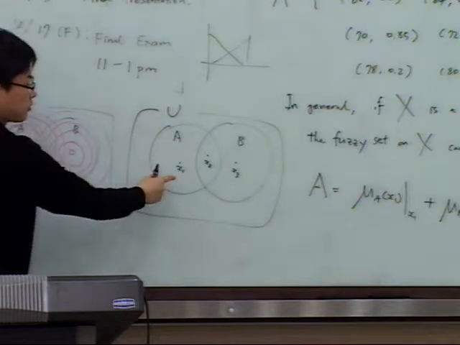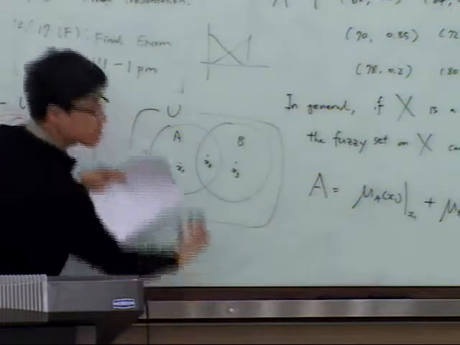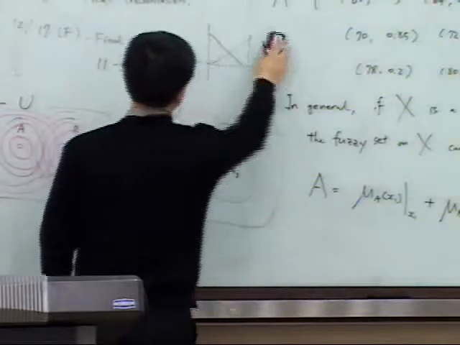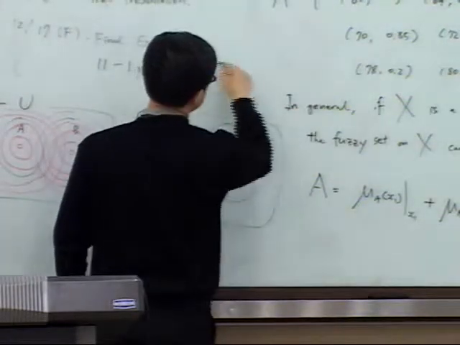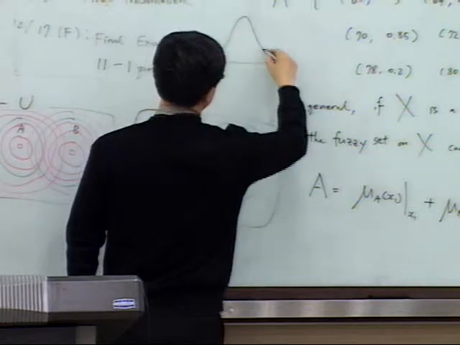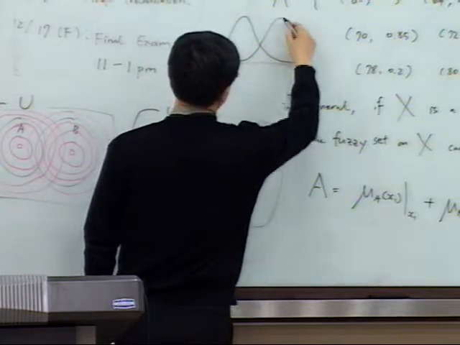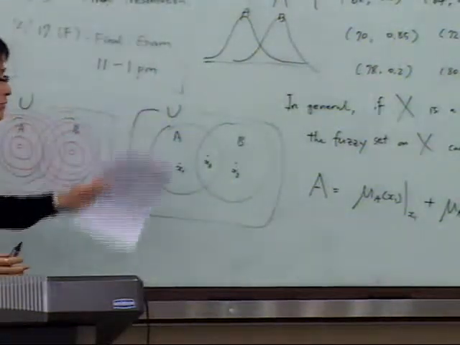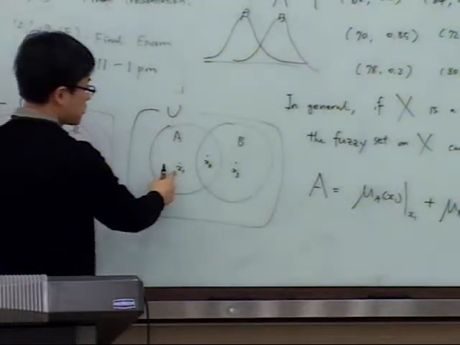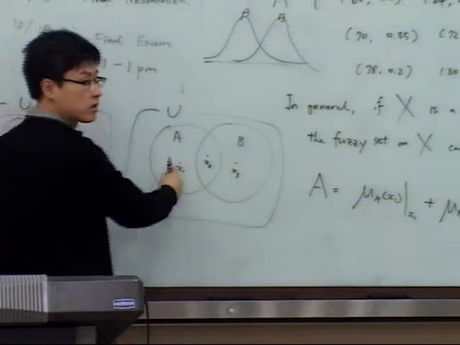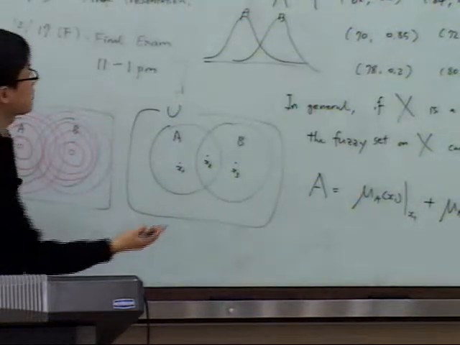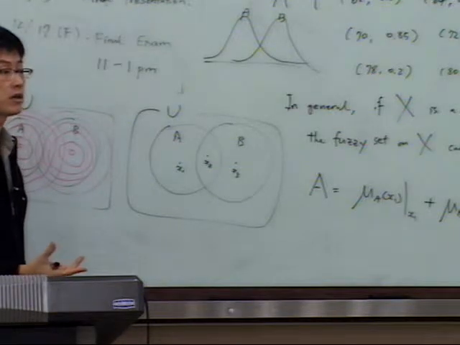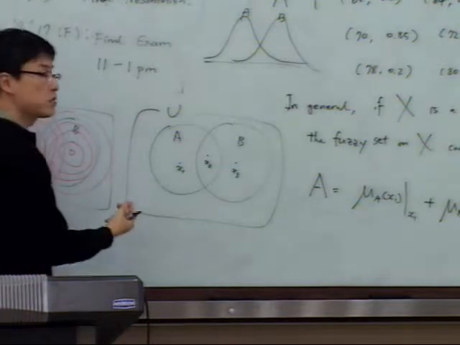So if you look at this set from this side, you will have this kind of elevation, A and B. Okay? Let's assume this is a fuzzy set, then mu sub A x1 is not 1, maybe it depends on the location, it could be 0.8 or something, but it still has some value.